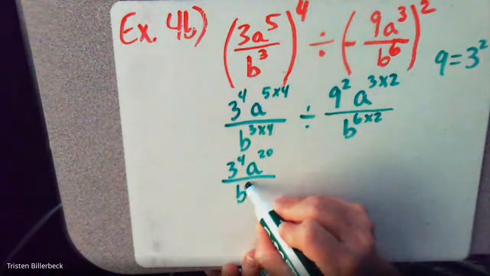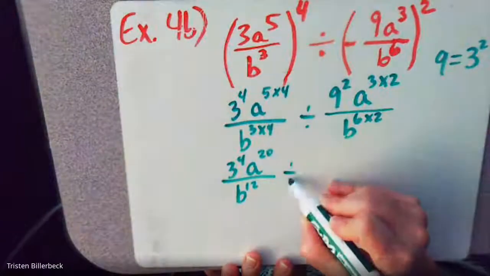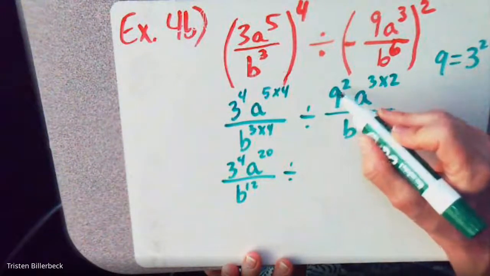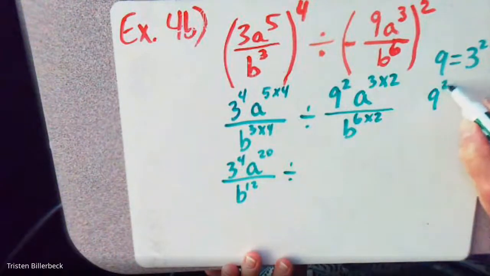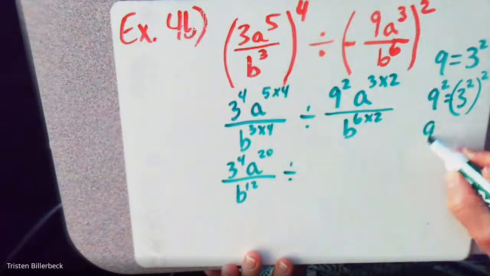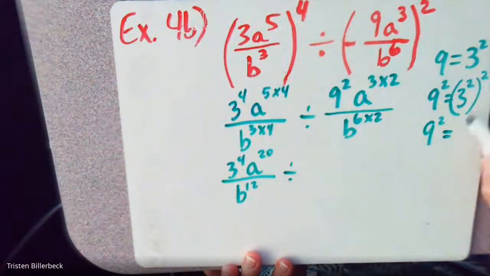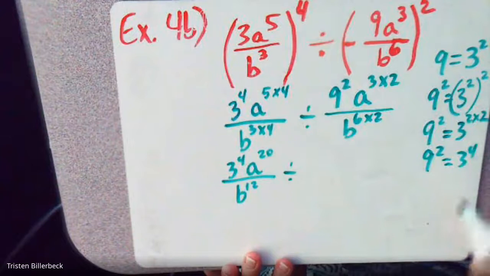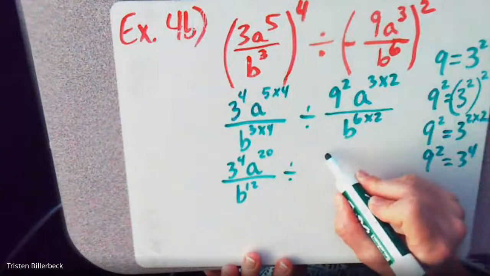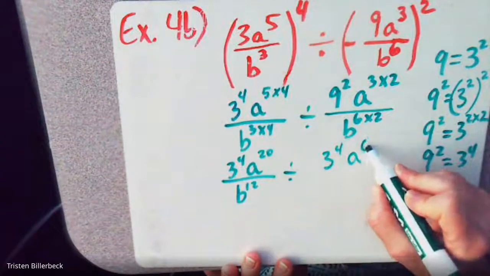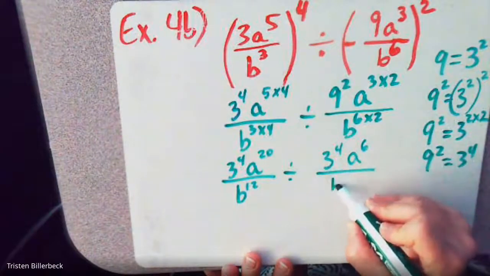Down here we have b to the 12 divided by, and let's make this 3 squared. So we know, so this is 9 squared. So 9 squared would be 3 squared squared. So 9 squared is the same thing as 3 to the 2 times 2, which is 3 to the 4th. So that's a good thing to know. So this is 3 to the 4th.